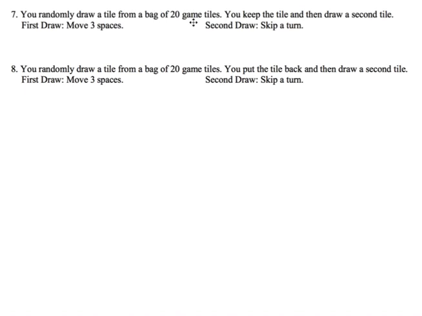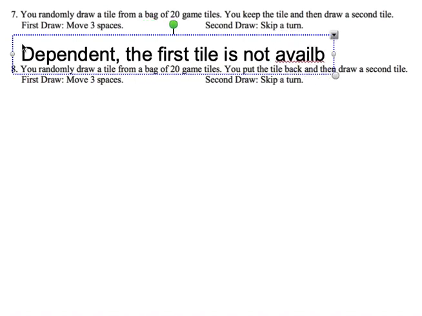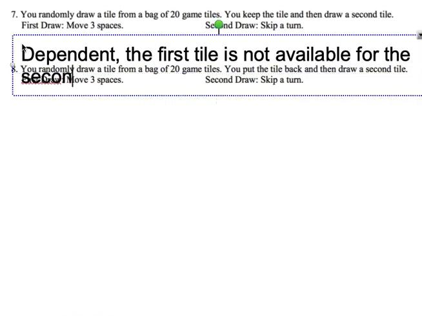When you do the second draw, the 19 tiles you have left depends on what you picked the first time. So this is definitely dependent. The first tile is not available for the second pick.